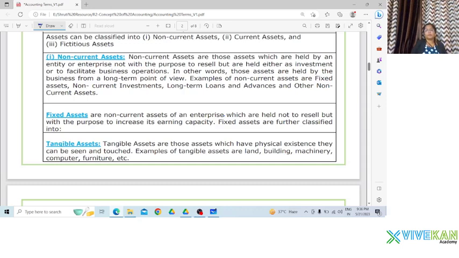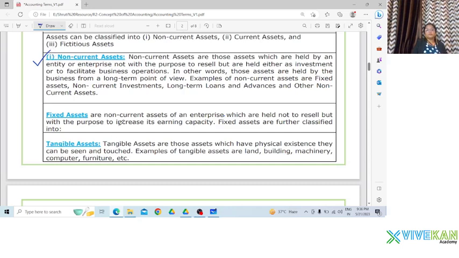A simple example: you have purchased plant and machinery. Will you sell it again? No, you have purchased plant and machinery to use it to produce products. So any asset which is held by the entity not for the purpose of resale, or which is there to facilitate your business operations, is called a non-current asset.